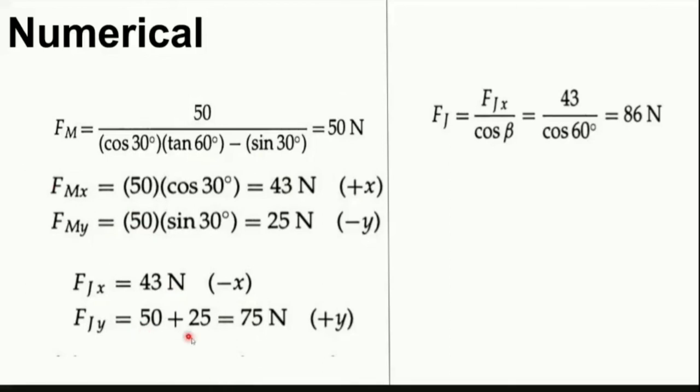So we get 50 plus 25, that is 75, acting in positive y direction. So with this, we'll get Fj. What is Fjx? Fjx is Fj cos beta, right? So from there, we'll get Fj is equal to Fjx by cos beta equal to 43 by cos 60. That is 86 newtons. With this, we have completed today's video.